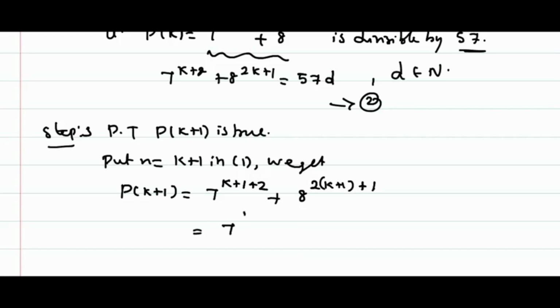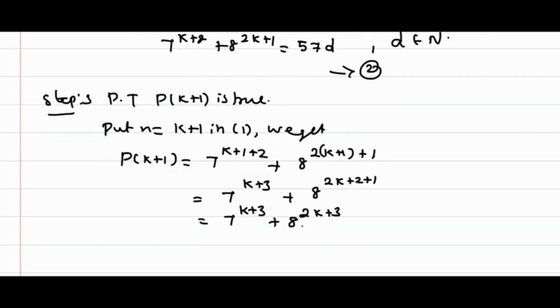Now we simplify this. We can write 7 power k plus 3, and 8 power 2k plus 2 plus 1. So this is 7 power k plus 3 plus 8 power 2k plus 3.